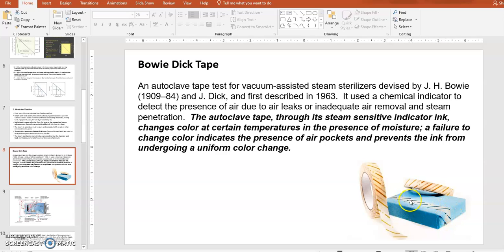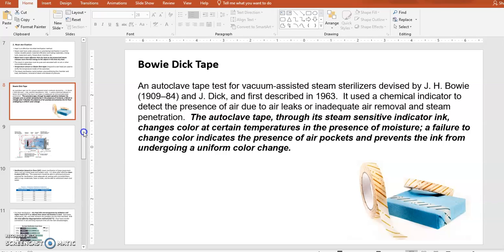If you place this tape on the material that should be steam sterilized and the tape changes its color to this, good. If it doesn't change, that means there isn't enough steam heat introduced in your chamber. So it's a simple validation method, but it's not a GMP method, so they don't acknowledge this.